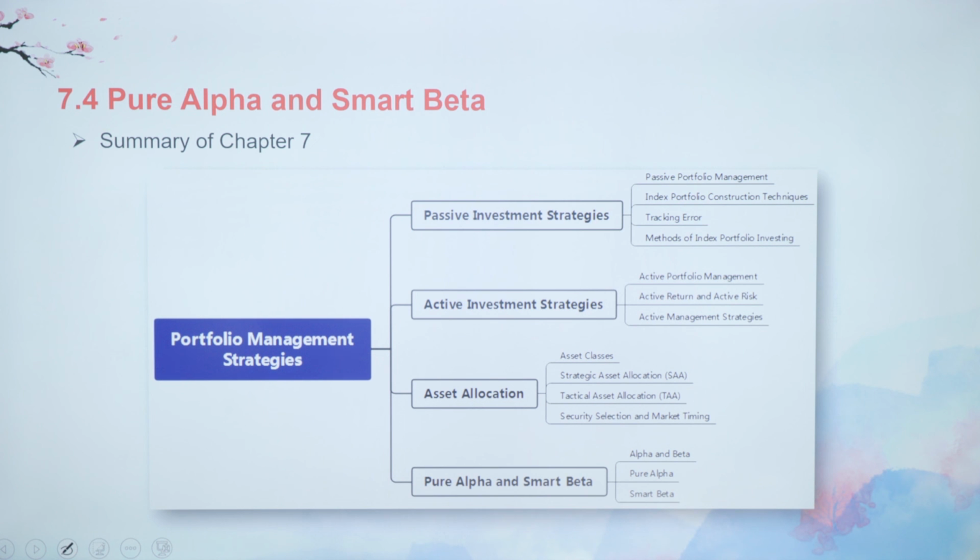And the last part for this chapter, we introduce the pure alpha and smart beta strategy. Both of these strategies are widely used in practice and in mutual funds. So we introduce what alpha is and what beta is and what smart beta is. And then we introduce the pure alpha strategy and smart beta strategy separately. So that's the whole chapter.